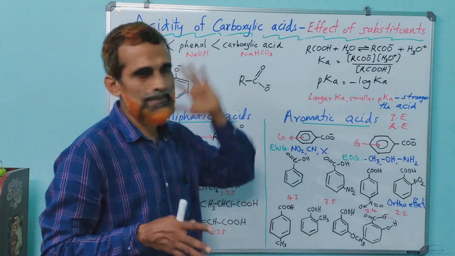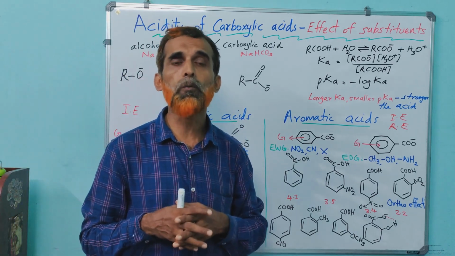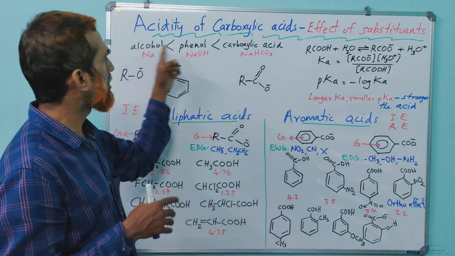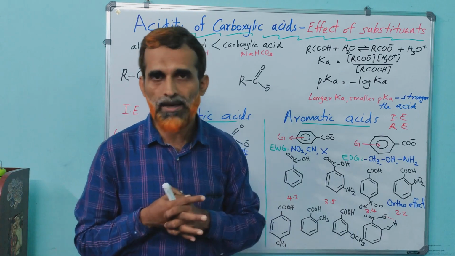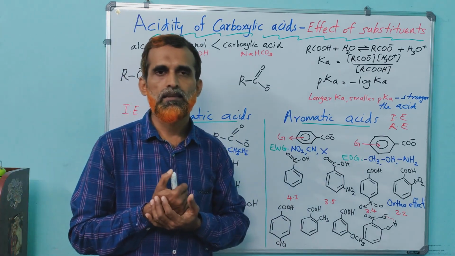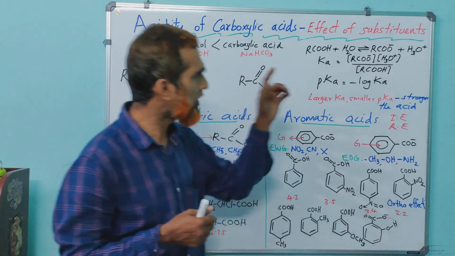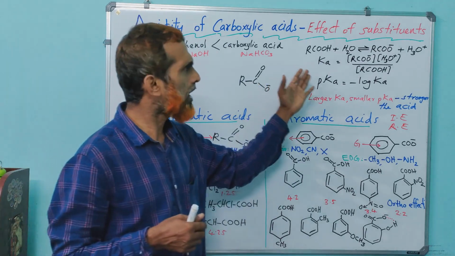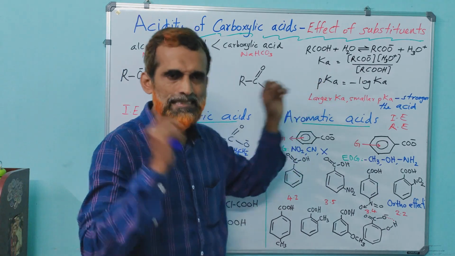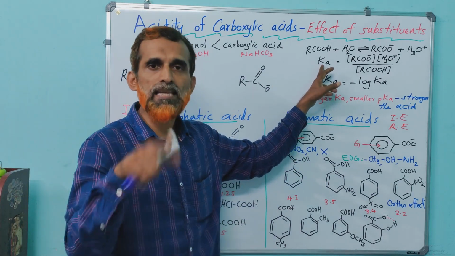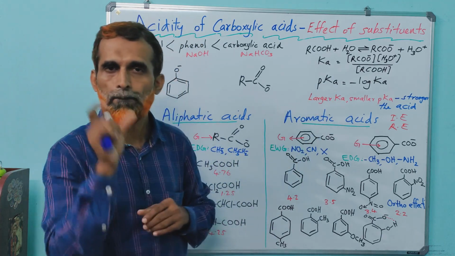Remember, organic acids or carboxylic acids, which are the most acidic functional group compared to alcohol and phenol, are still considered to be weak acids compared to mineral acids like HCl, HNO3, H2SO4, etc., which have very high Ka values. But here the value of Ka is found to be very small. So for convenience, for weak acids, Ka is better expressed as pKa, so that you get a very convenient, positive figure.